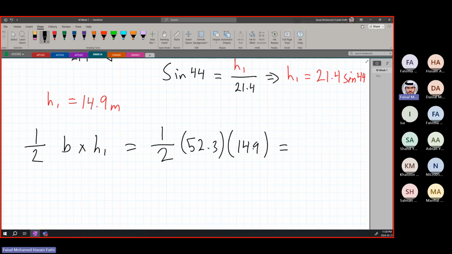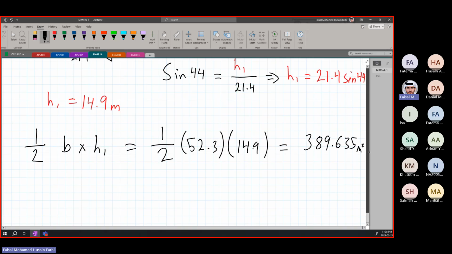So this is going to be equal to half times 52.3 times 14.9. It's equal to 389.635 approximately. All right, meters squared. This is area 1.